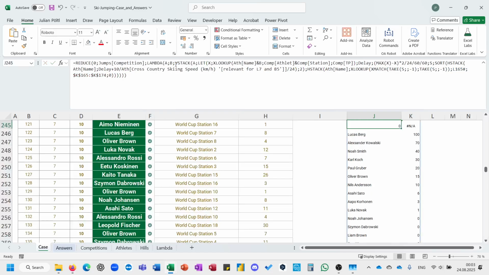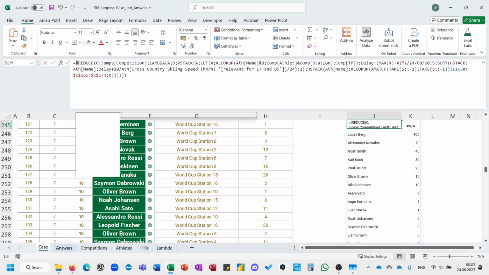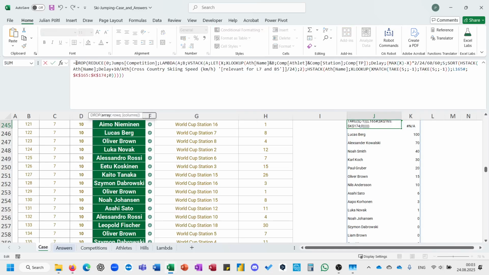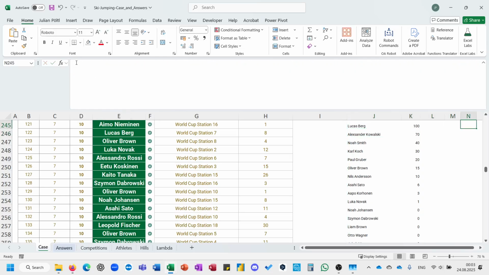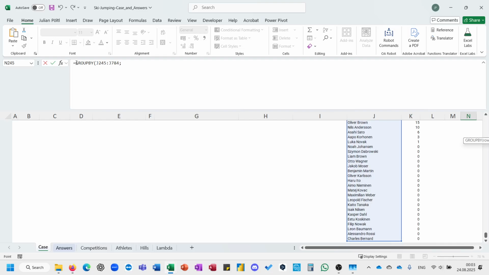And here we have a list. Drop the first row, and then we can group by person by the World Cup points.